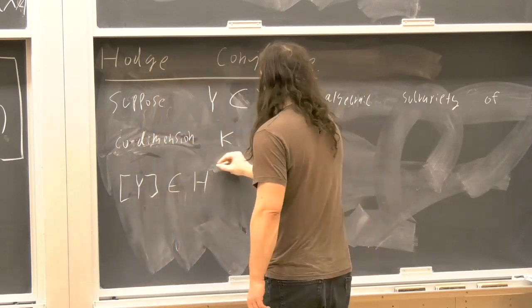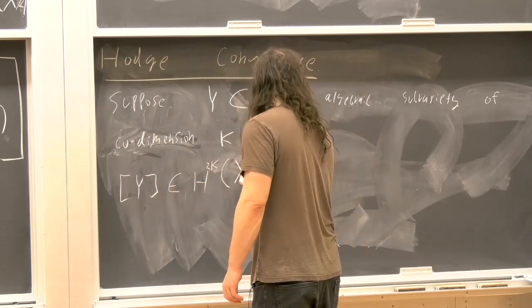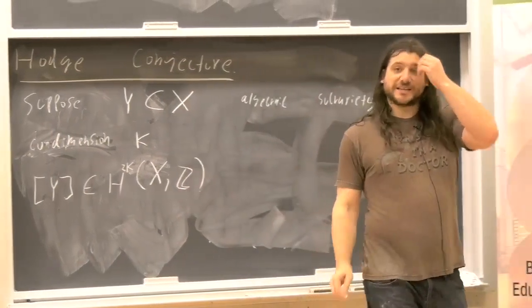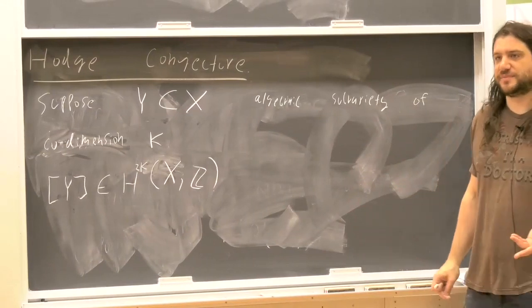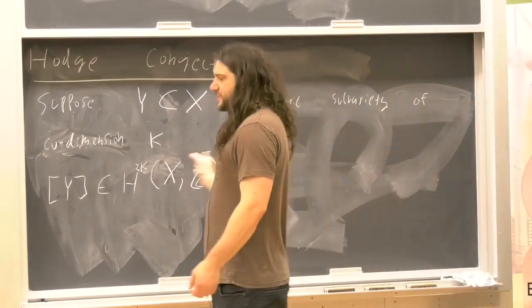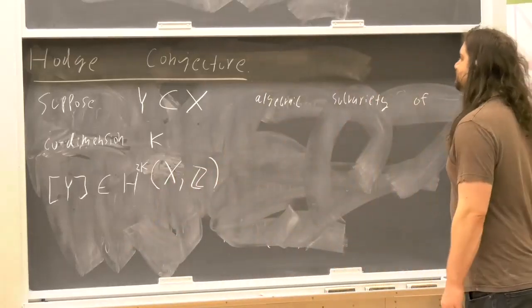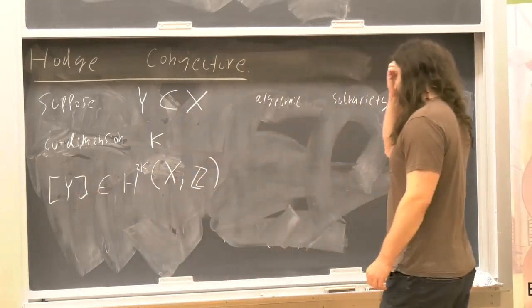We get the class of Y inside the 2Kth homology of X. Why is that? Well, Y is a manifold with a natural orientation given by its complex structure. It might have singularities, but that's not going to mess up the existence of this thing. You can do this even if it's singular. We get some class of Y inside here.